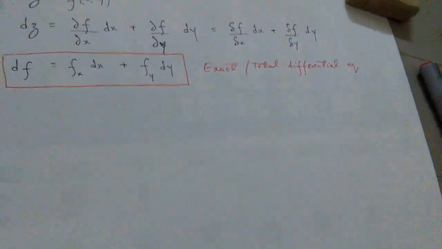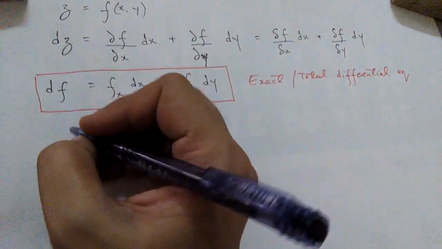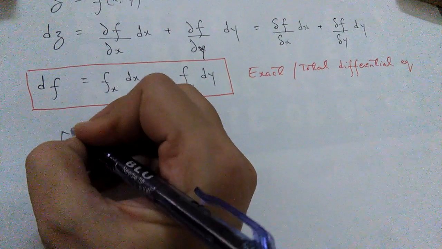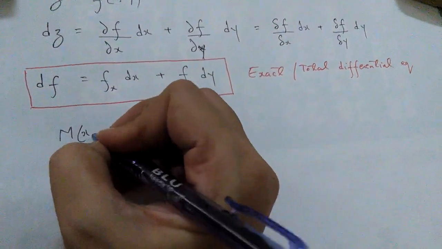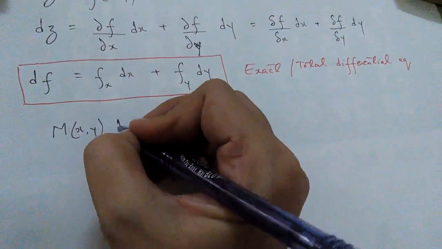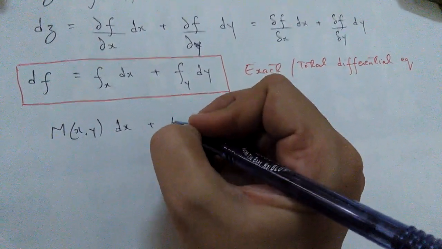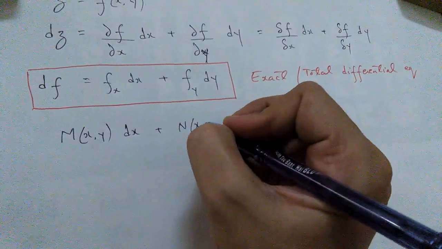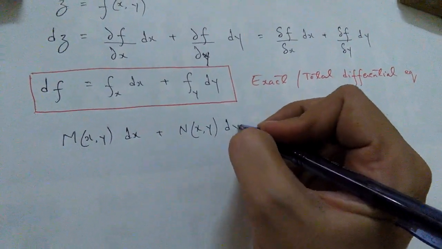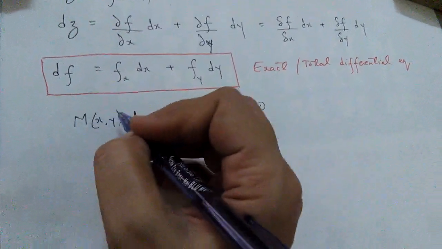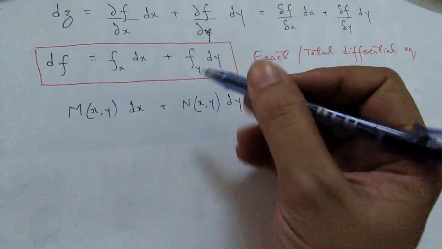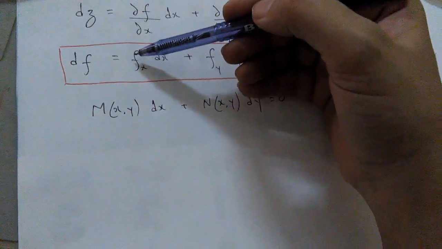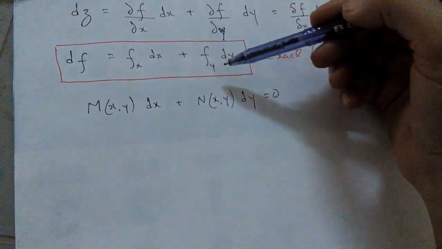Now, if I say that I'm having a differential equation of a type in general like this, the question might come to mind, perhaps this function M and function N could be the partial derivative with respect to x and partial derivative with respect to y.